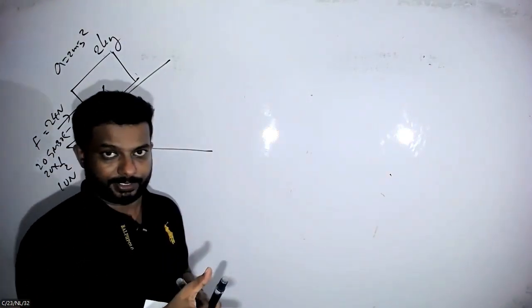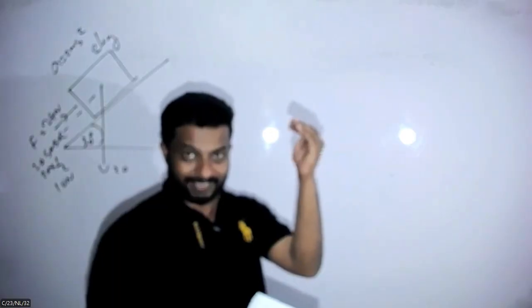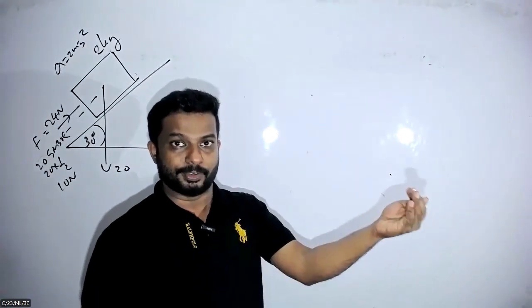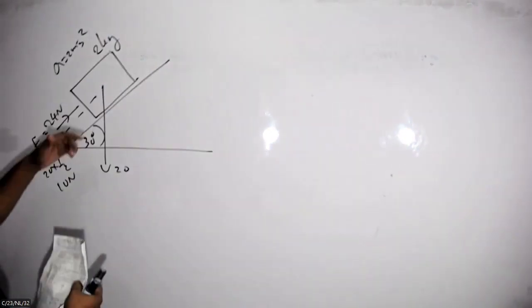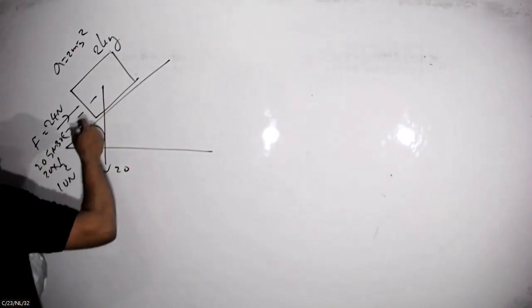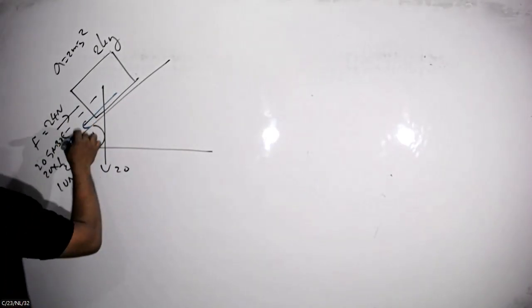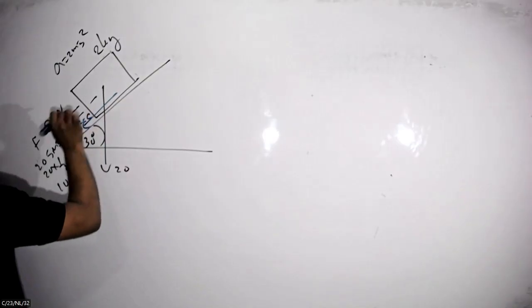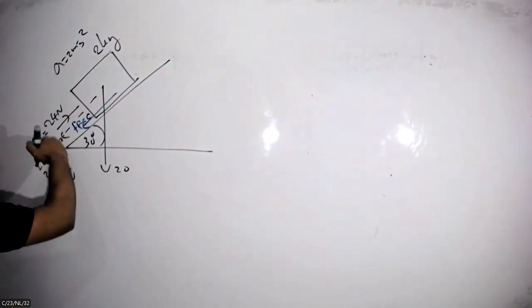Then you need to identify direction of the friction. The frictional force is always a resistive force, no? It opposes the motion. When the object is moving in upward direction, this frictional force acts opposite to the direction of motion. Right? That means parallel to the inclined plane to the downward direction.